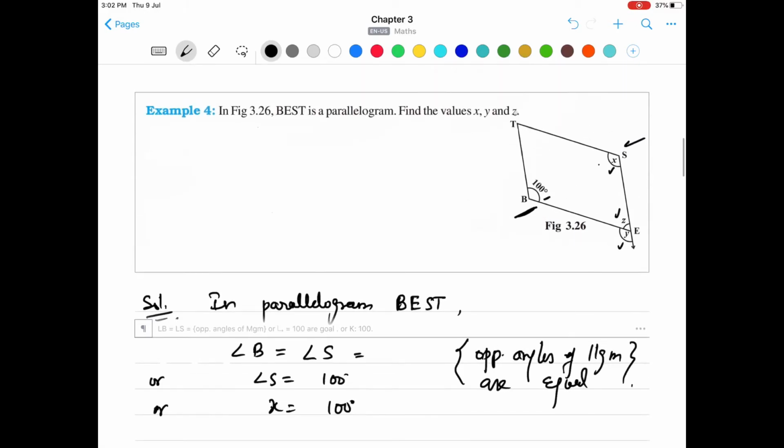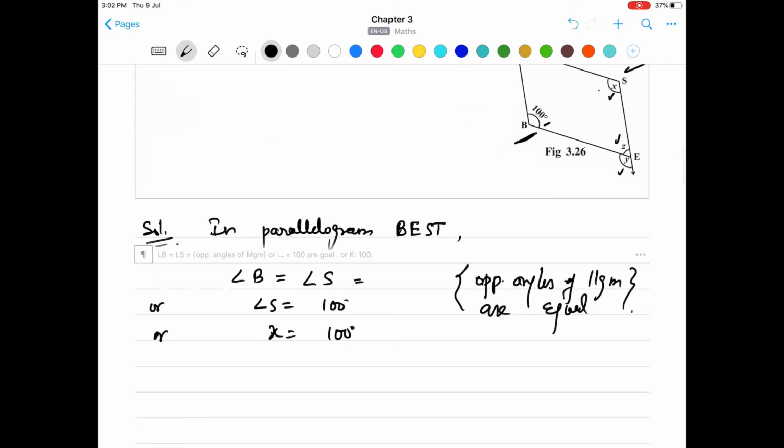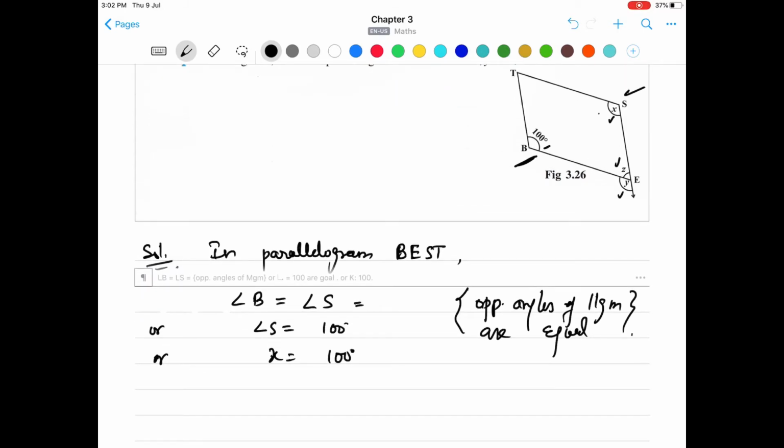Then we have to find the angles x, y, and z. So we have studied another property of a parallelogram, which says the adjacent angles of a parallelogram are supplementary.